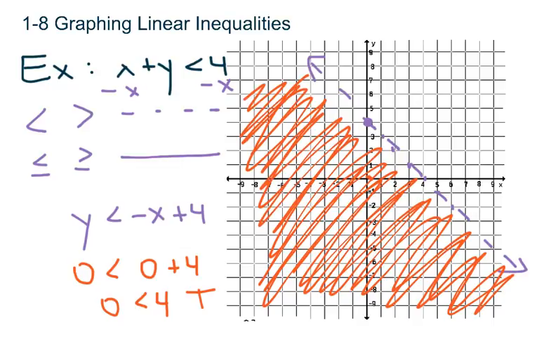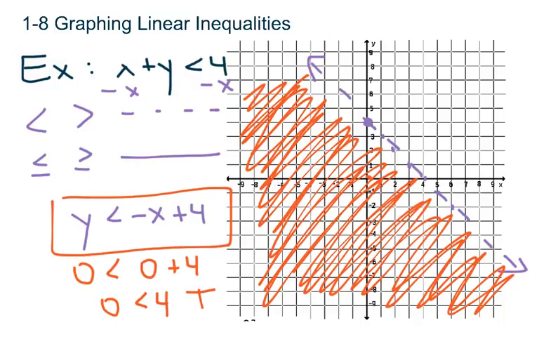You may have also had a teacher who told you that less than means under and greater than means over the line. That's okay only if you have first put your inequality in slope-intercept form. In other words, you need y by itself.